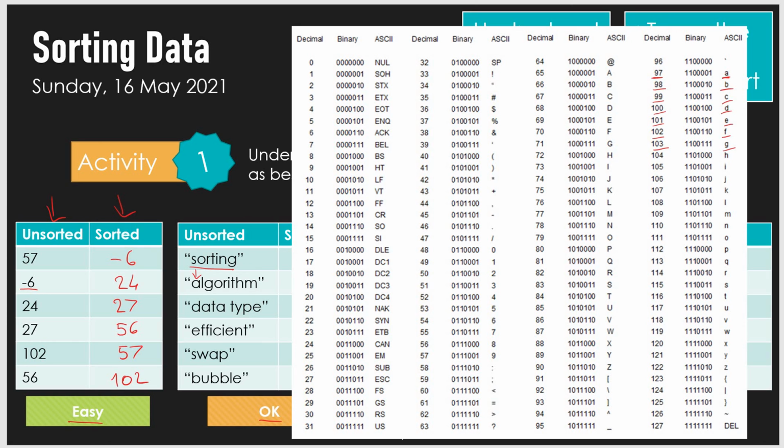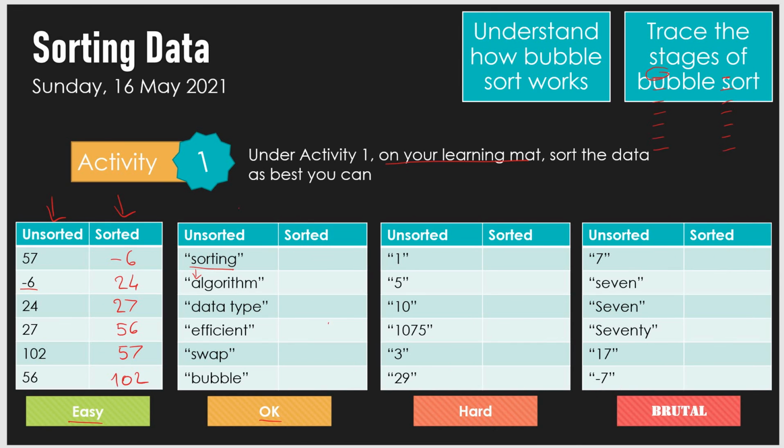So the lowercase a has the smallest value amongst these words here, because they're all lowercase. So what you would have to do is put the word algorithm as the first item on your list.